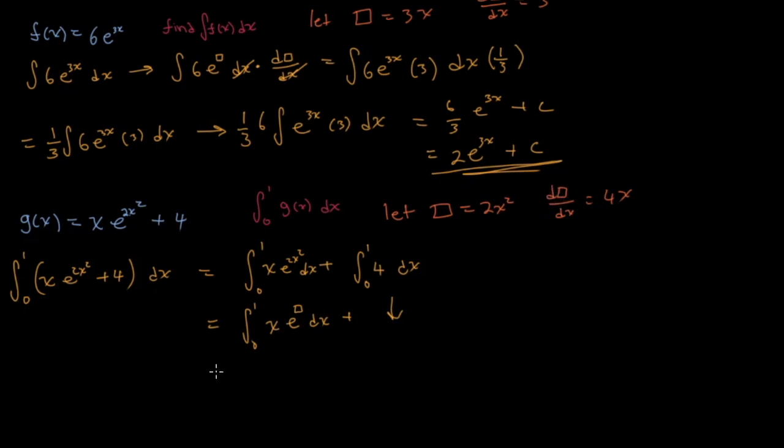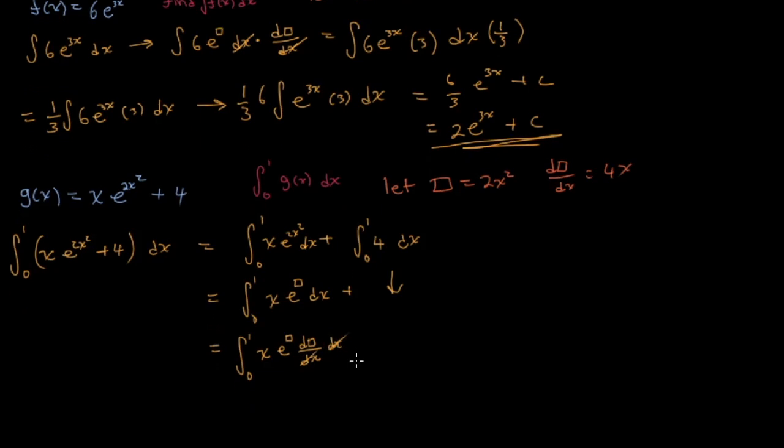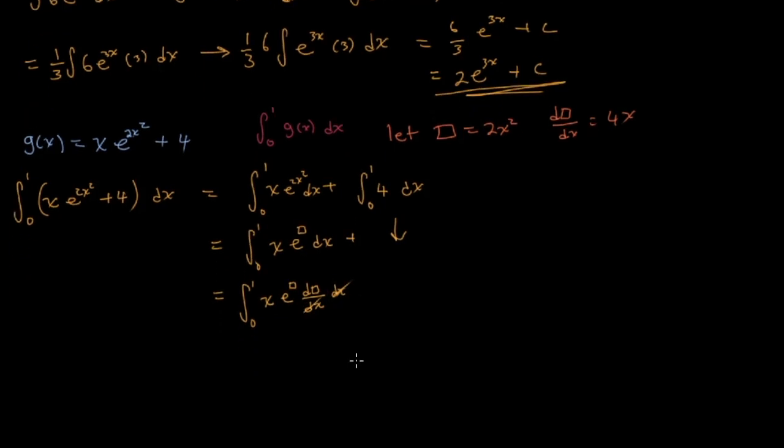So what we're going to do is multiply that by d box by dx. So x times e to this box here times d box by dx. And as you can see here, these dx's, you can visualize them as canceling out. Okay, and you can bring this 4 down as well.